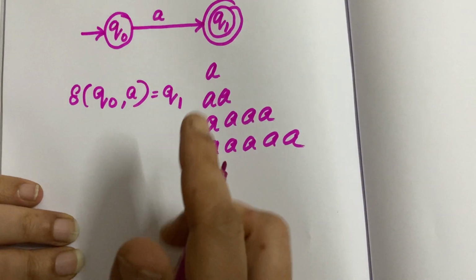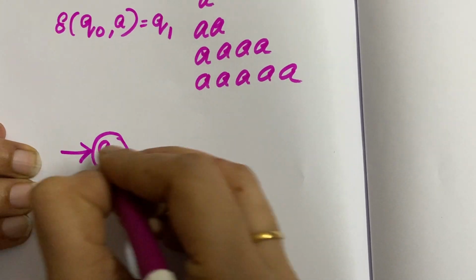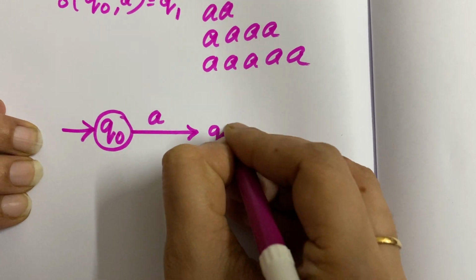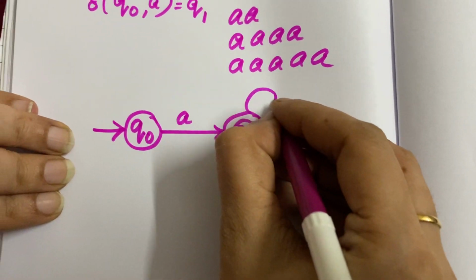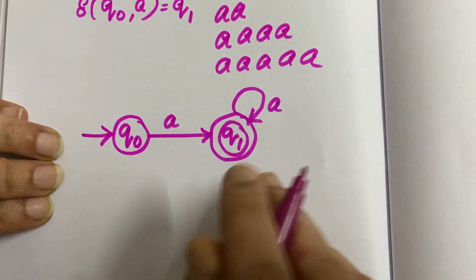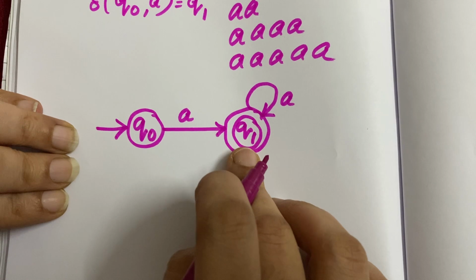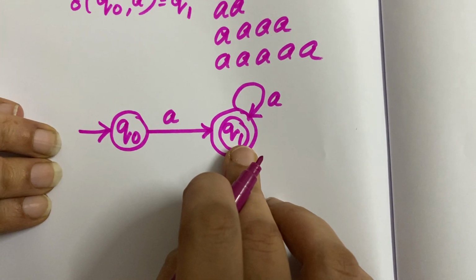So how we write this: on Q0, when the first A comes, it will go to the final state. After that, you can have any number of A's. If any number of A's come, it will stay in Q1 itself. Q1 is your final state, so the string will be accepted.